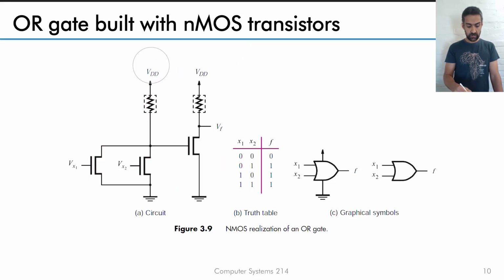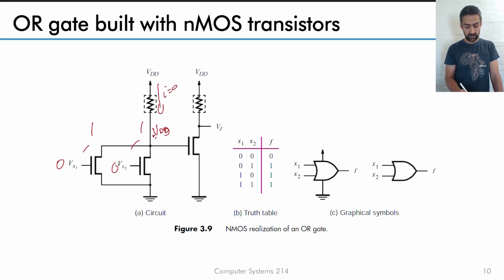And that's why, let's just do the logic for this one as well real quick. So if this is 0 and this is 0, then no current flows here, so this turns into an open circuit. This here turns into an open circuit, which means no current flows here, I is equal to 0. So this here is basically equal to VDD.